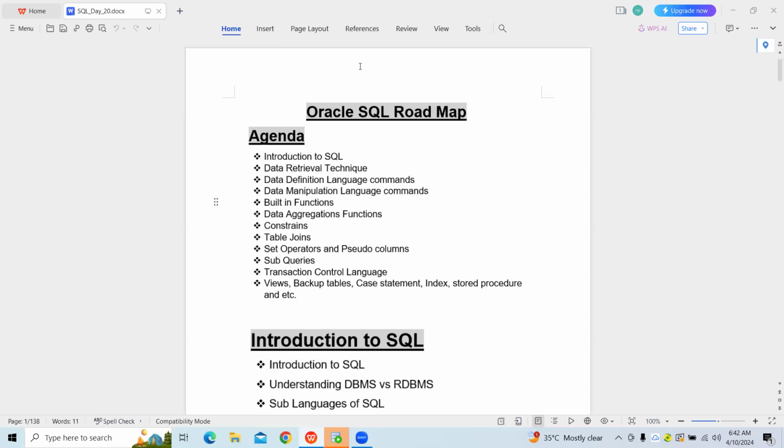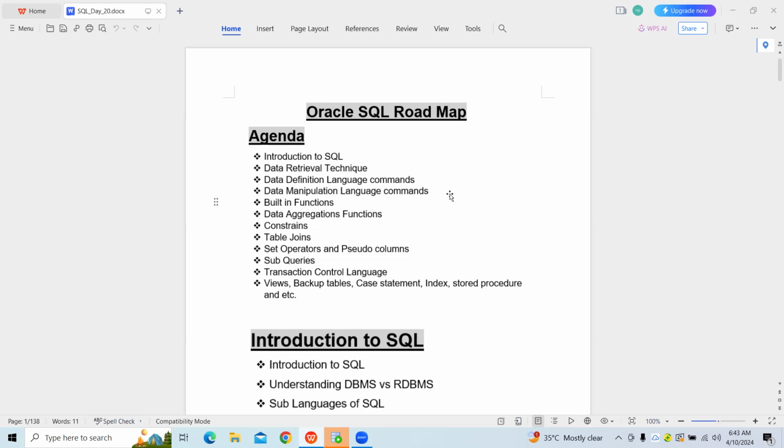We are going to discuss introduction to SQL, and then we'll learn data retrieval techniques, and then data definition language commands, data manipulation language commands, built-in functions, data aggregation functions, constraints, table joins, set operators, pseudo columns, subqueries, transaction control language, views, backup table, case statement, index, stored procedure, etc. So guys, these are the things that we are going to cover as a part of Oracle SQL.